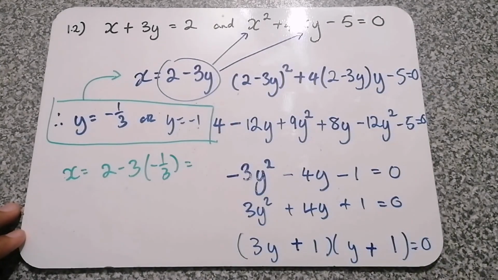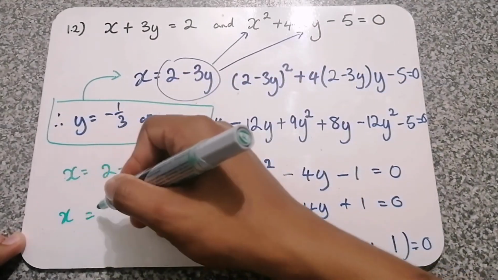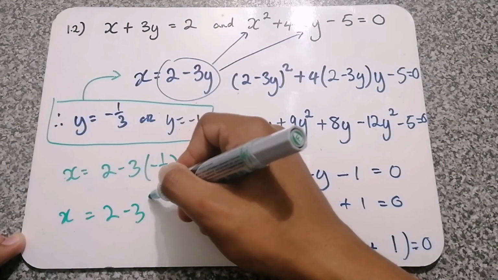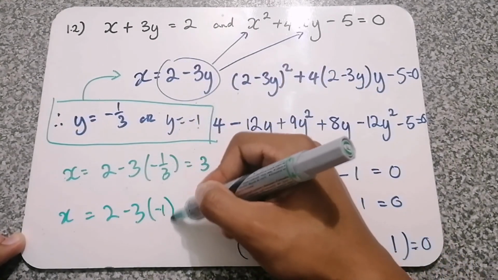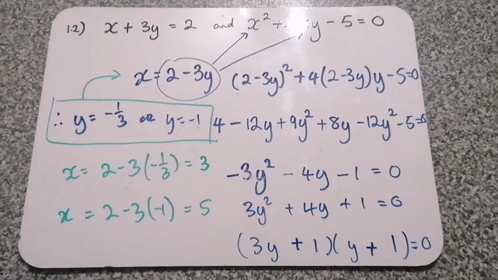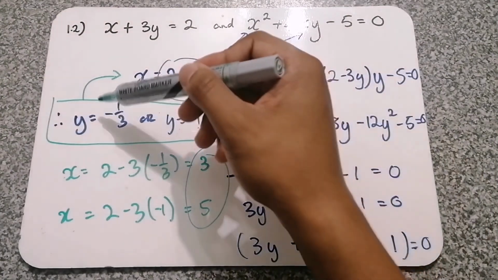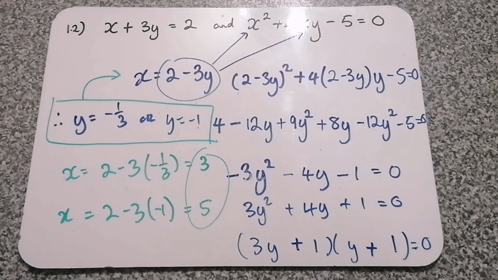And if we do the math, that is equal to 3. And x is 2 minus 3y, if y is equal to negative 1. Again, if you do the math, x is equal to 5. So these are answers for x, and those are the answers for y. And you're done.